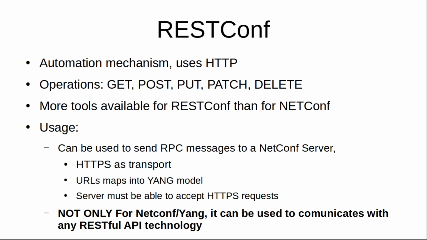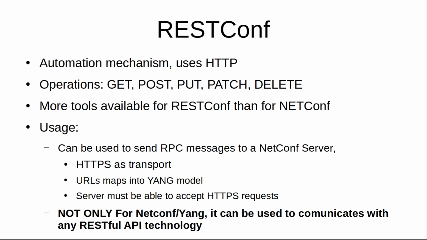You can send RPC messages to Netconf servers, but you will be using HTTPS as transport, and you can map your Yang model into the URLs. For this to work, your end device must be able to accept HTTPS requests.